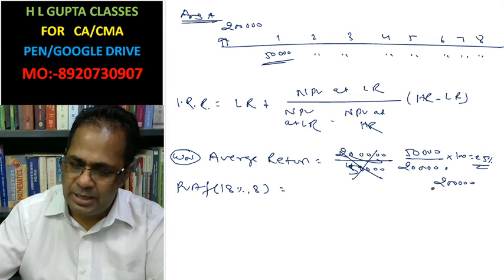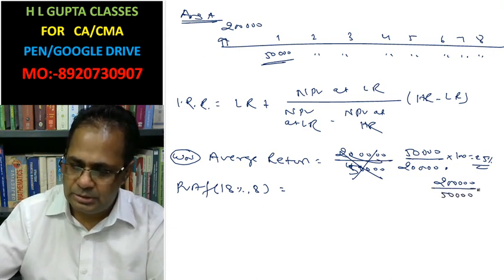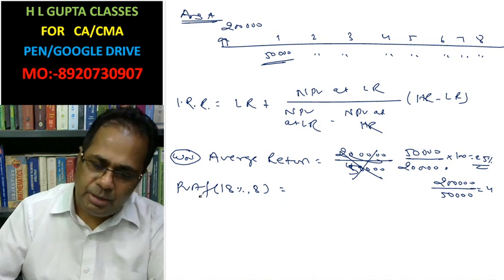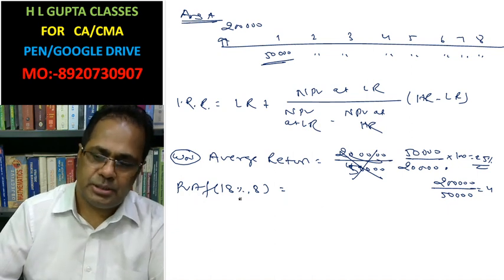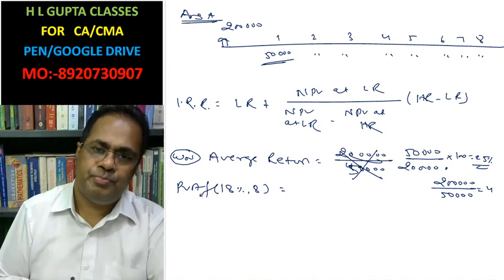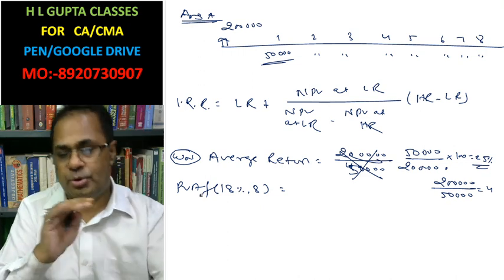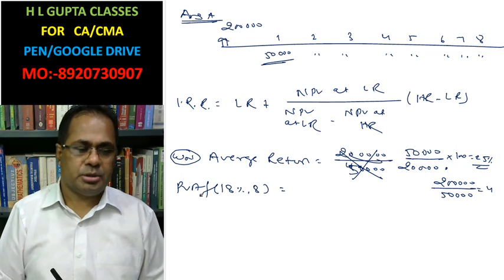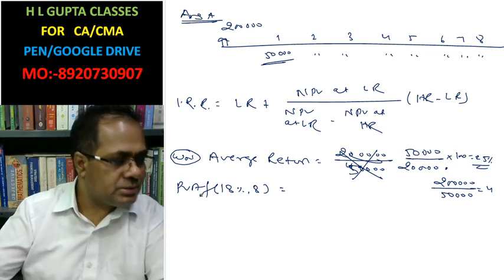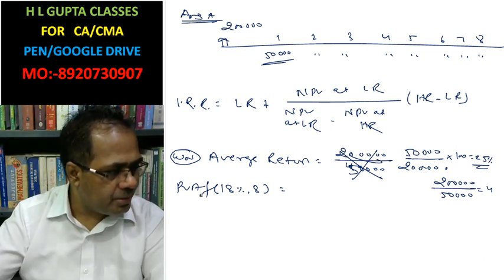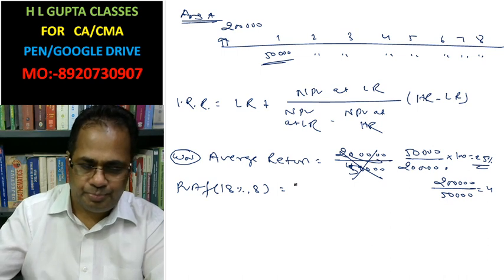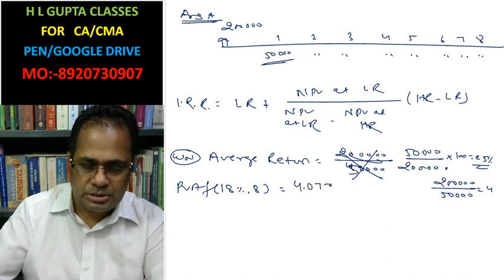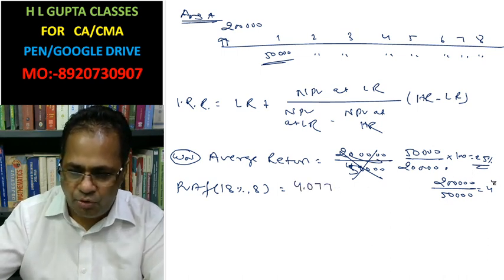Because of 2 lakh you have invested, 50,000 is coming. We have to see from the present value annuity factor table. At 18%, the present value annuity factor is 4.077, but it should be 4.